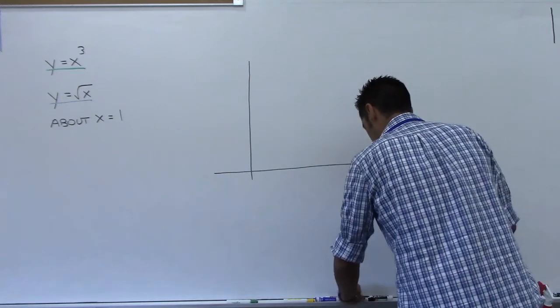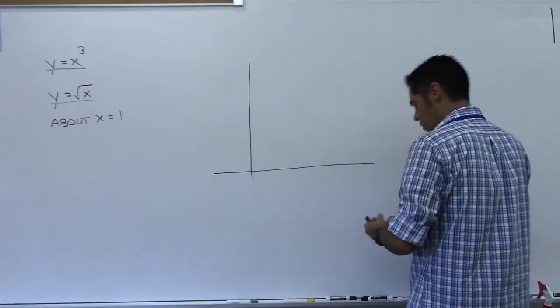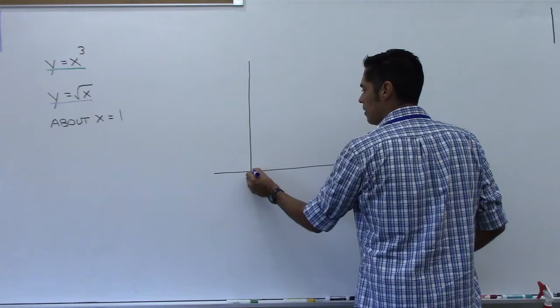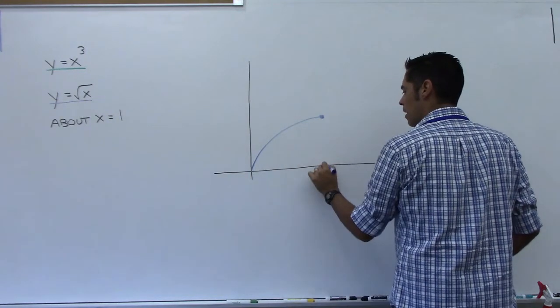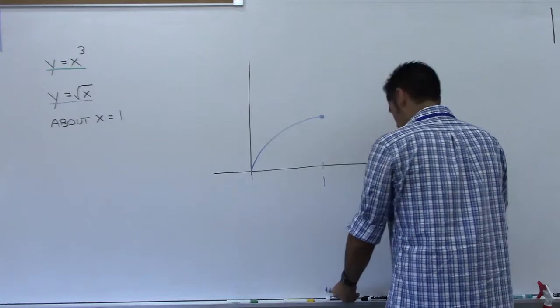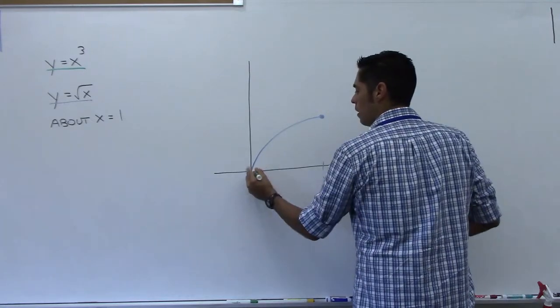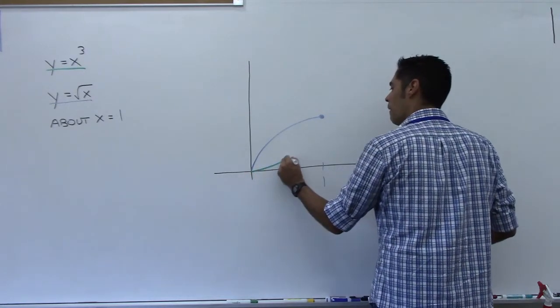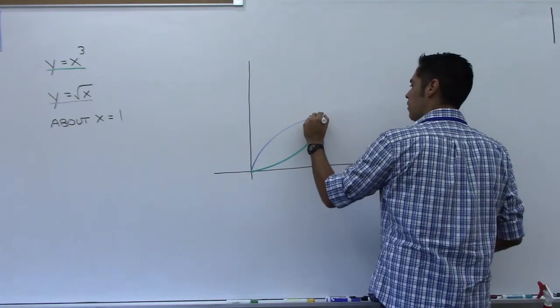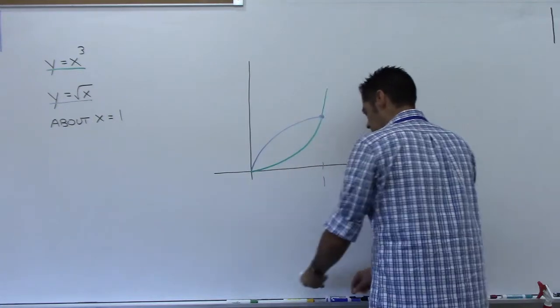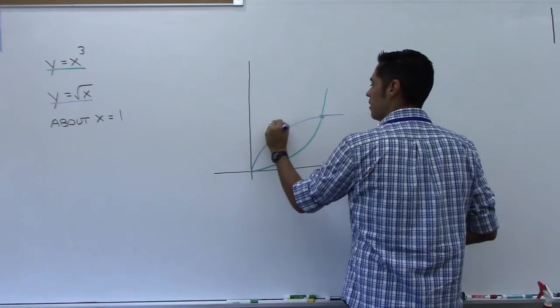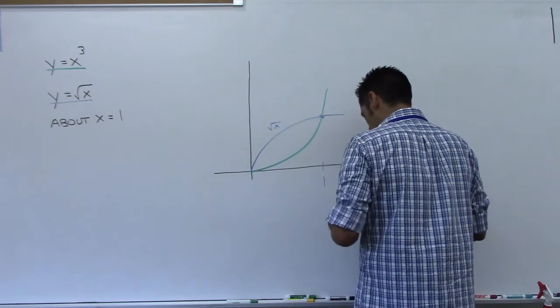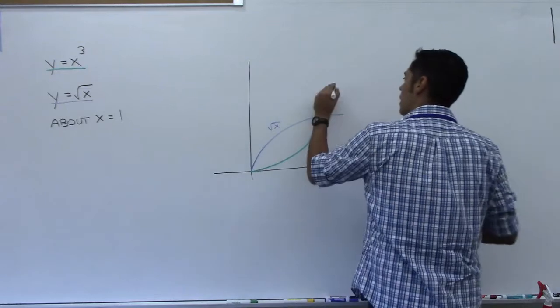And then I know with the blue one, the square root of x went like this. Let's say that that's 1 right there. And then with the green one, it went like this. Of course, it keeps going, and the blue one keeps going. So this was root x, and the other one was x cubed.